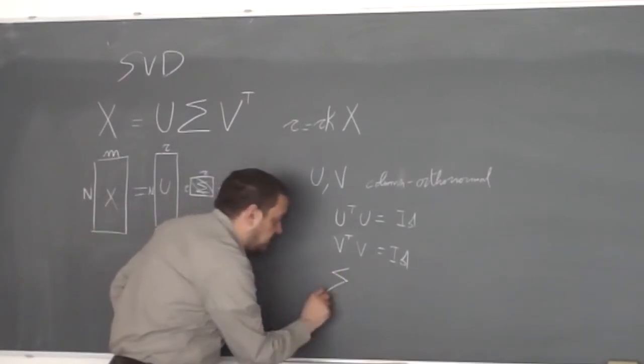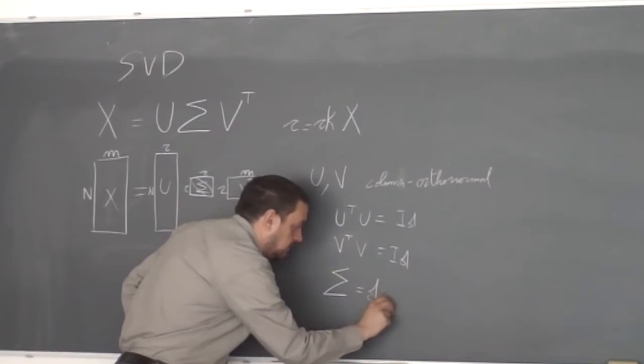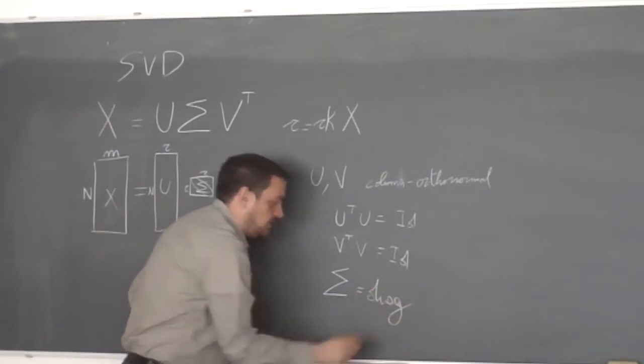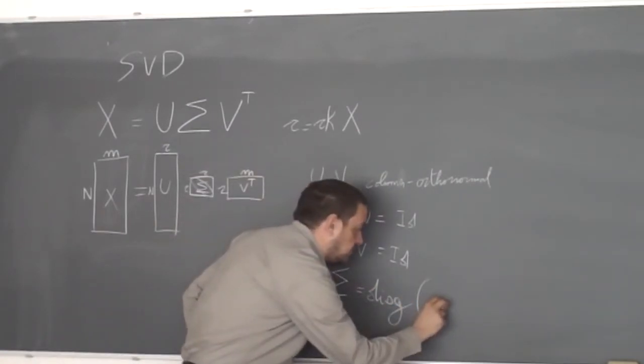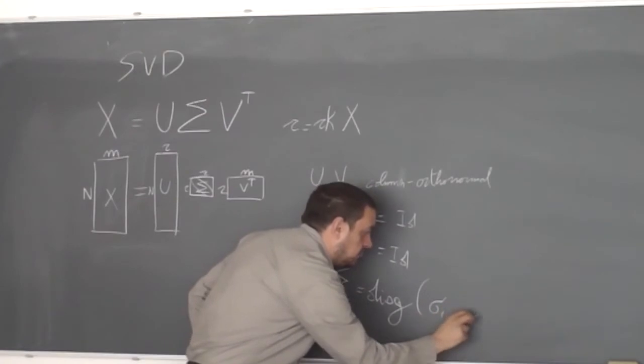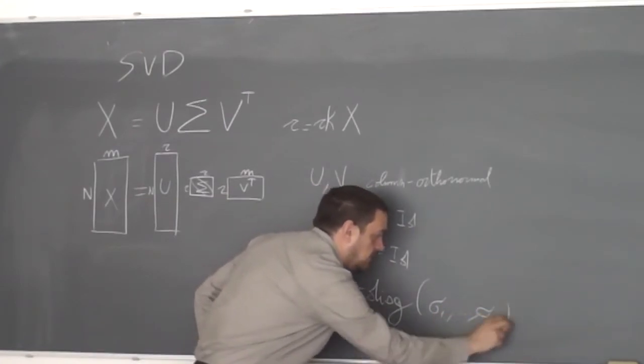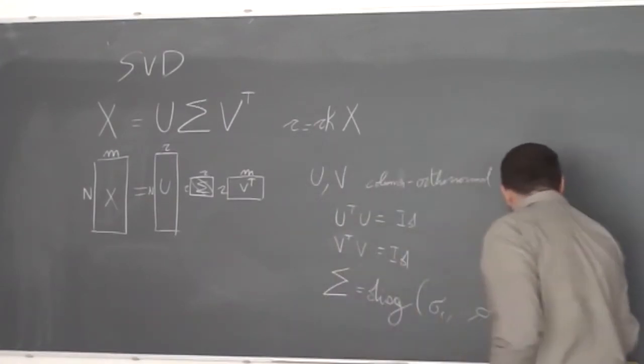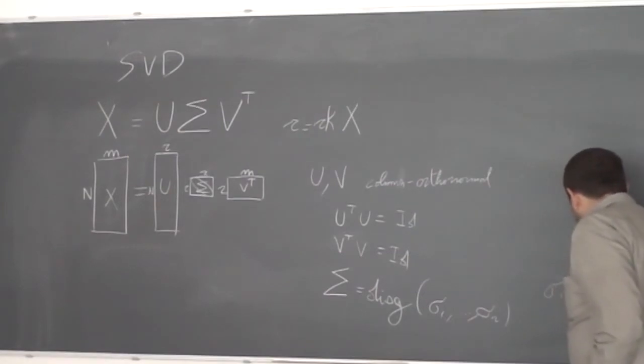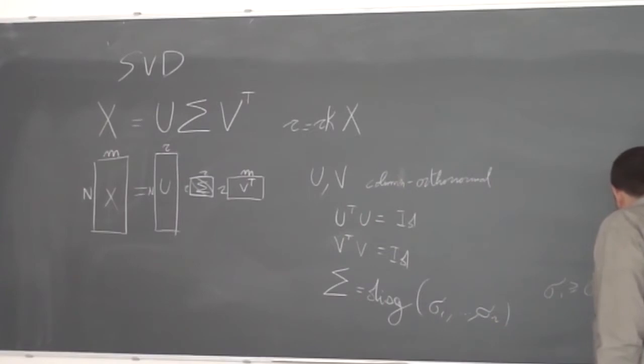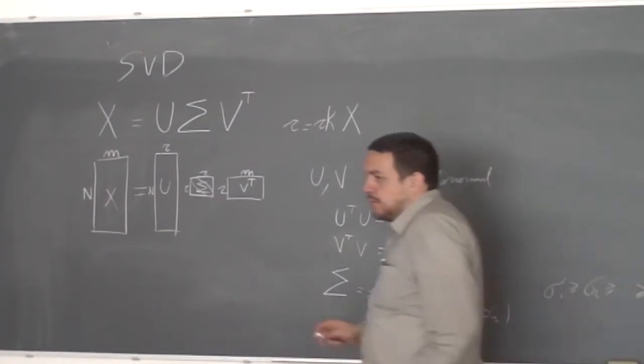And so we can write sigma as the diagonal matrix with values sigma 1 down to sigma R, where sigma 1 is greater or equal to sigma 2, and so on, until sigma R, which is greater or equal than 0.